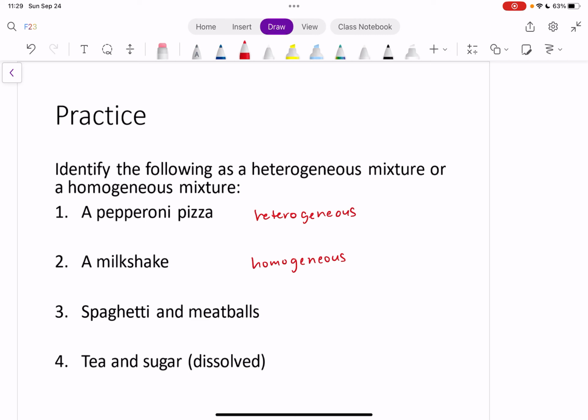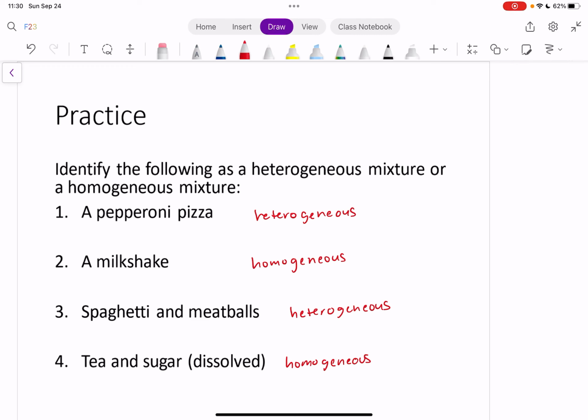Spaghetti and meatballs is heterogeneous, right? You can pick apart those different parts of the mixture. And then tea and sugar, when the sugar is dissolved, is homogeneous, because it's the same throughout. You can't pick apart the different parts of the mixture with your naked eye.